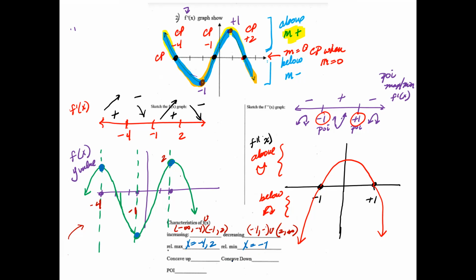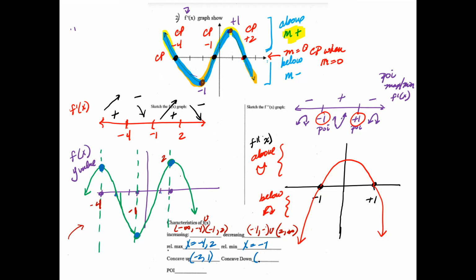Concave up and concave down. So it is concave up between -2 and 1, from here to here, -2 to 1.